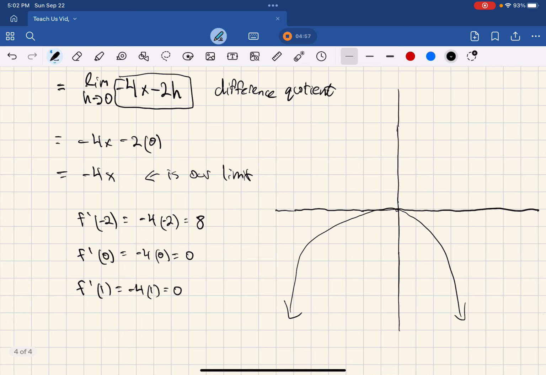So f prime of negative 2. So when x equals negative 2, let me draw this a little bit better.